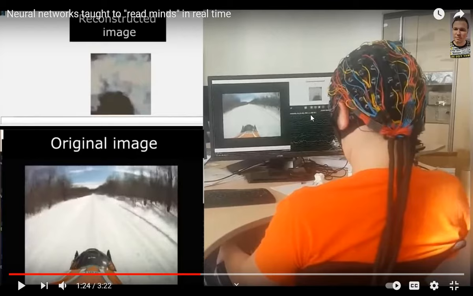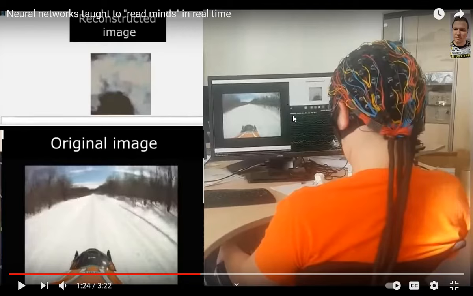And that signal is being Fourier transformed from a time domain into a frequency domain, where all that noise is being interpreted by AI to reconstruct the image.